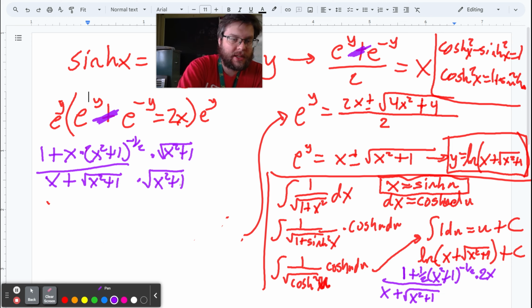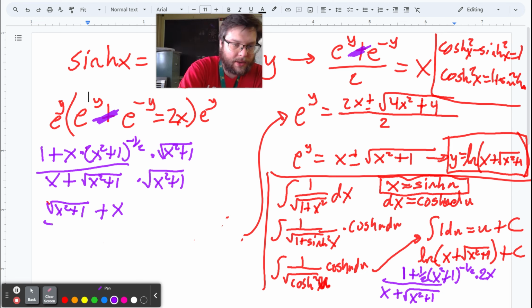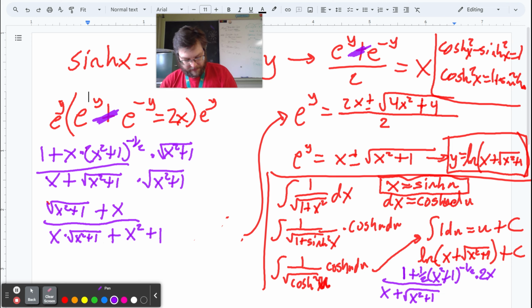So that gives me 1 times the square root of x squared plus 1 plus x, because the negative half power can cancel with the other one. And then on the bottom, I have x times square root of x squared plus 1 plus, if you multiply those two things together, x squared plus 1. Okay, so now what I need to do is somehow make that equal 1 over the square root of x squared plus 1.